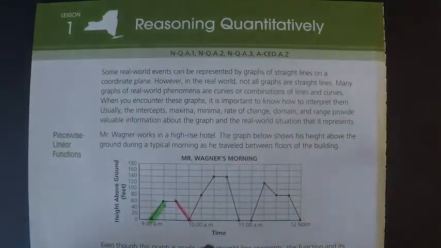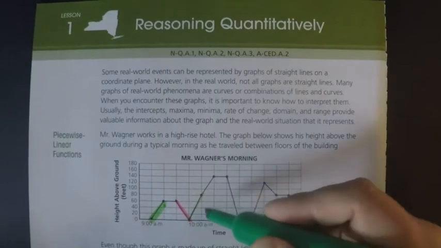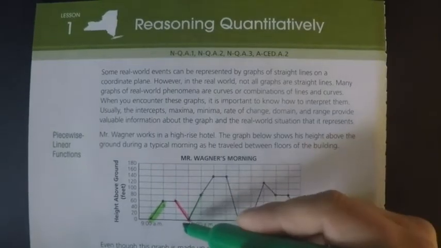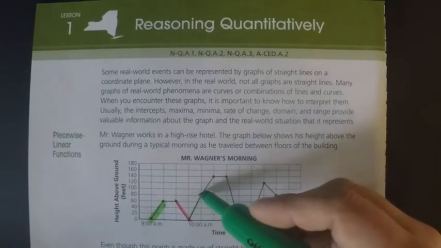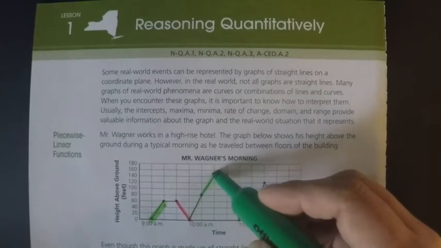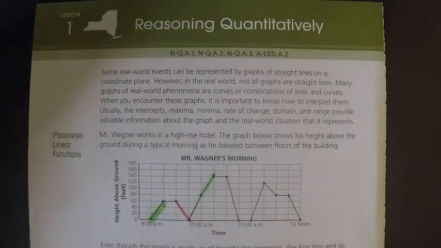Then from 9:45 to 10 a.m., he's traveling up at a fast rate up to 80 feet, and then at a little bit slower rate continues up all the way up to 140 feet, where he stops and again spends 15 minutes.